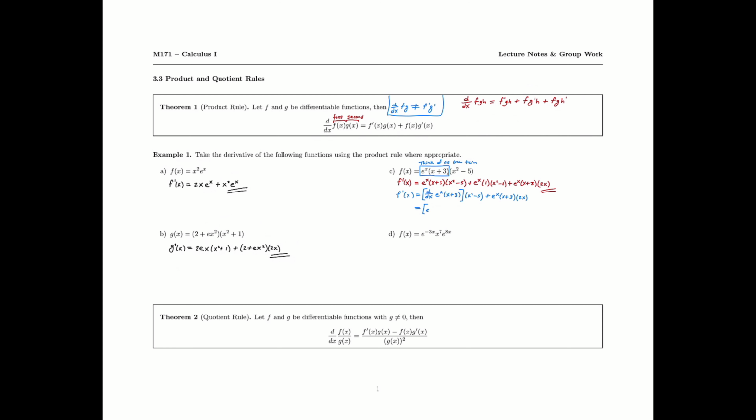So this would be derivative of the first times the second left alone, plus the first left alone times the derivative of the second, which is 1, and then we have what we had from the previous step. Just copy-paste it. And you can see that if you take this x squared minus 5 term and distribute it in through here, we will get these first two terms that we did with the triple product rule. So no matter how you want to go about it, whatever's easier for you, go for it.